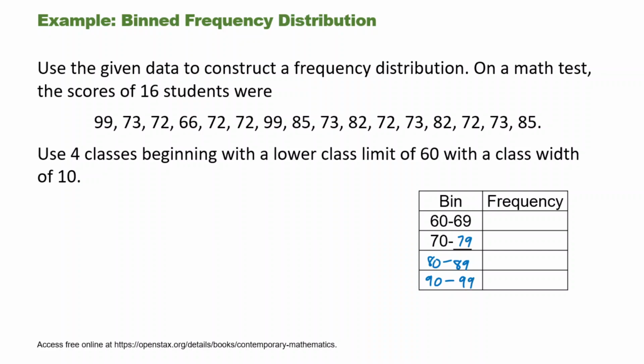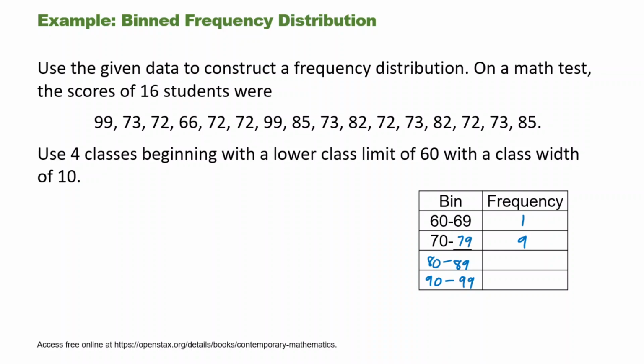And so we need to count the number of pieces of data between the numbers 60 and 69. As we look through these very carefully, we have one item that's between 60 and 69, so that bin has a frequency of 1. We have 9 pieces of data between 70 and 79, so the second bin has a frequency of 9.